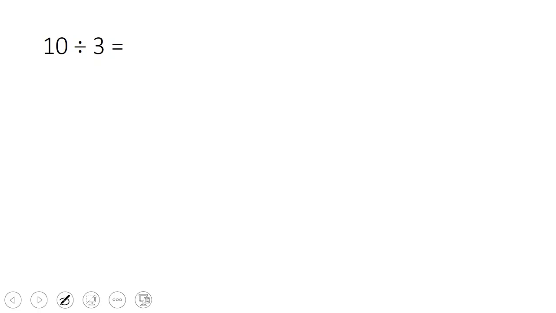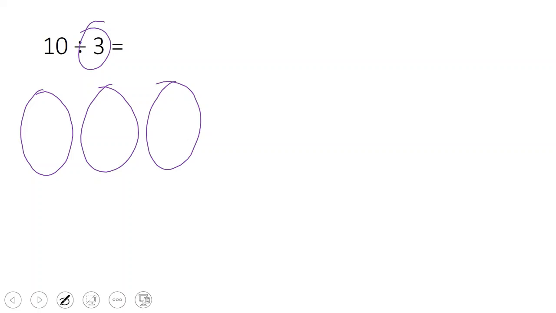I have 10 divided by 3, so I could solve this in one of two ways. I could use a picture. I have 3 groups, so I could draw 3 groups. I have 10, so I could start passing out 10 into my 3 groups. 1, 2, 3, 4, 5, 6, 7, 8, 9.